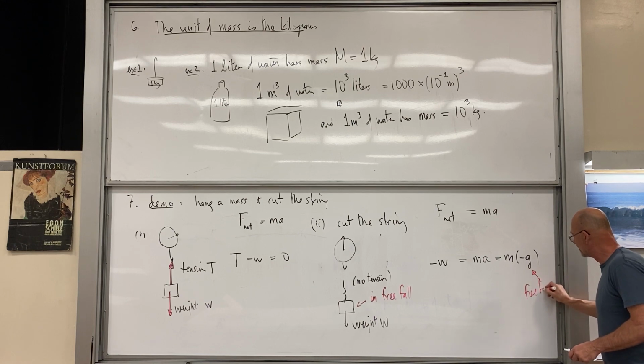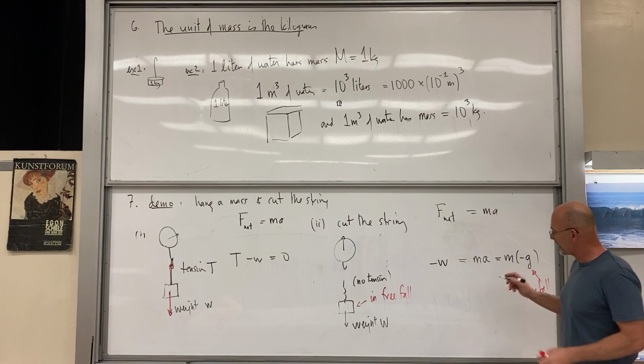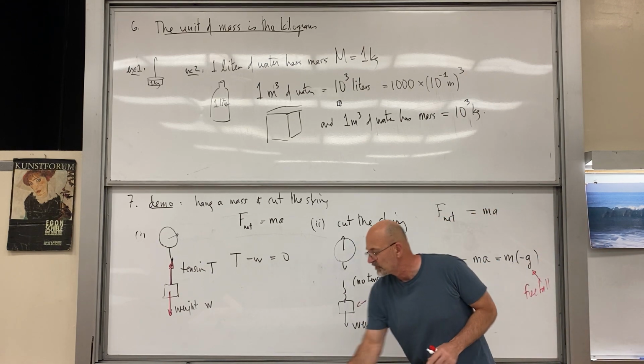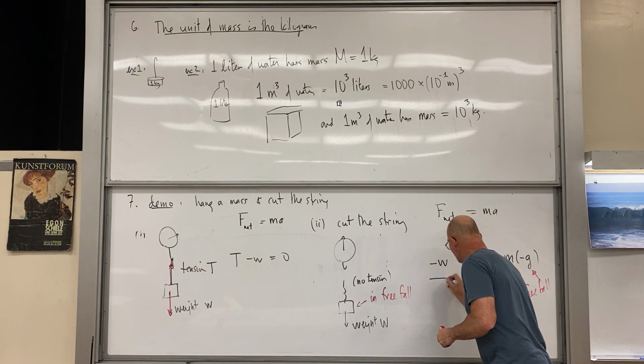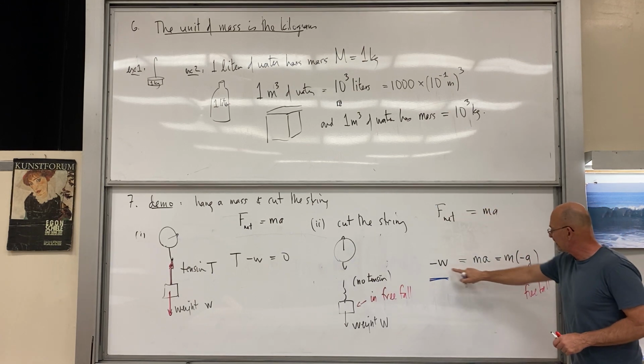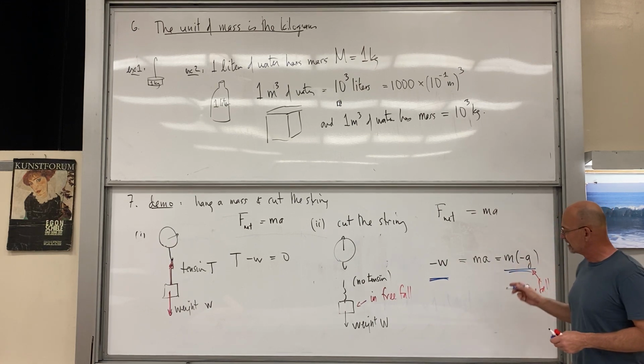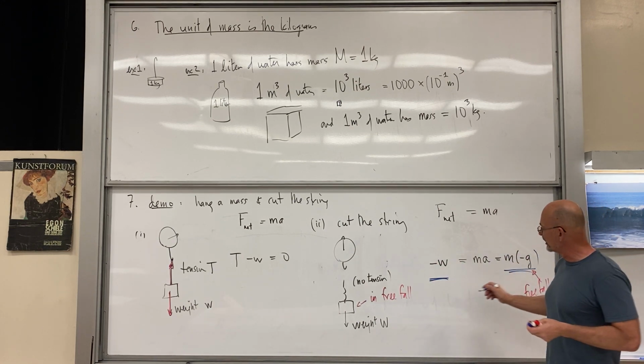And here's what we learned from this. If I equate these two expressions, this equals this, what do I get? Minus sign cancels, I get weight equals m times g. This is the whole punchline we are after here.